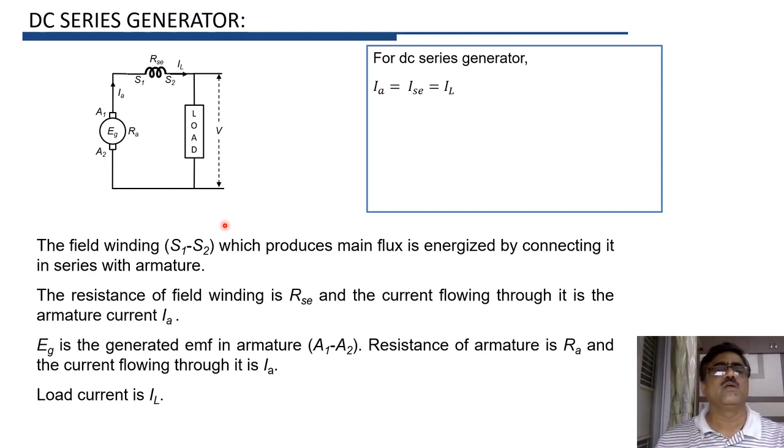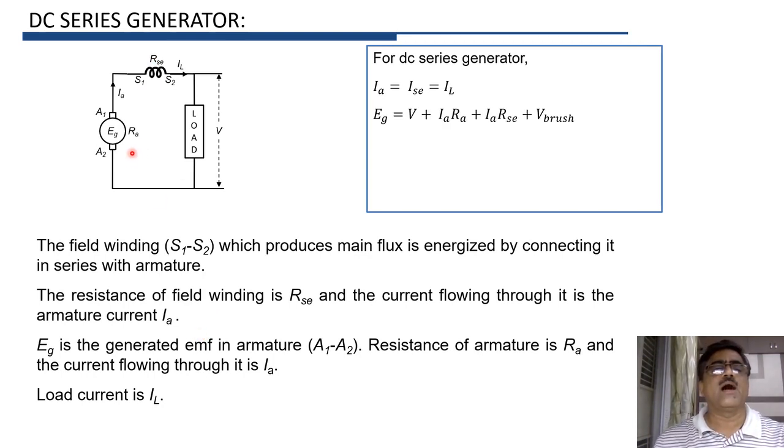So first of all, from the diagram, you can see that IA is equal to the current flowing through series field winding, that is ISE, and it is also equal to IL. So here IA is equal to ISE is equal to IL, because armature, field winding and load all are connected in series.